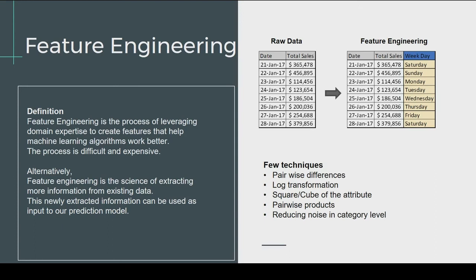Similarly, square or cube of an attribute. In some cases, a smaller increment is okay, but a larger increment is extremely bad. So let's say something like medical conditions monitoring, the presence of some toxic material in your body. At lower levels, it's still fine. Your body is immune.